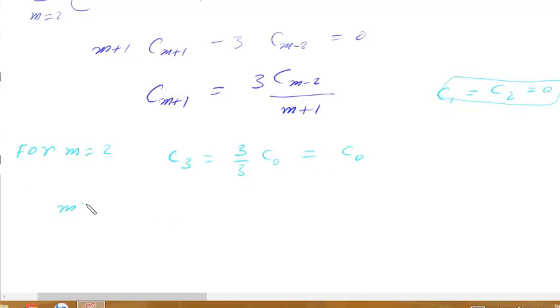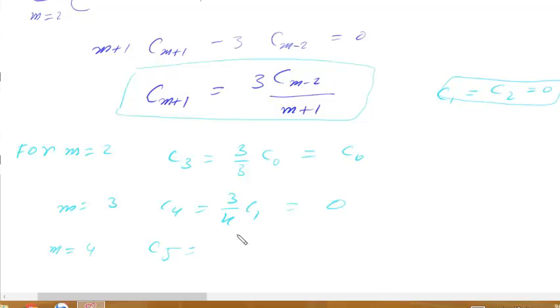For m is equal to 3, this is c4, we put it in the recursion relation. Then this is 3 divided by 4 c1, and we put the value of c1, then this becomes 0. For m is equal to 4, this is c5, which is 3 divided by 5 c2, and this also becomes 0.